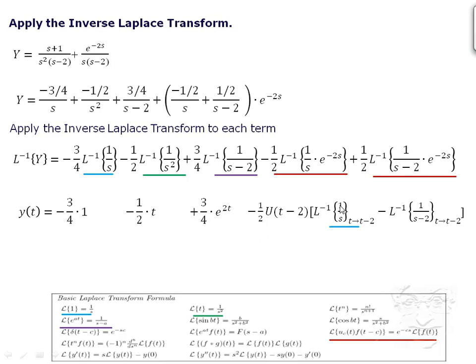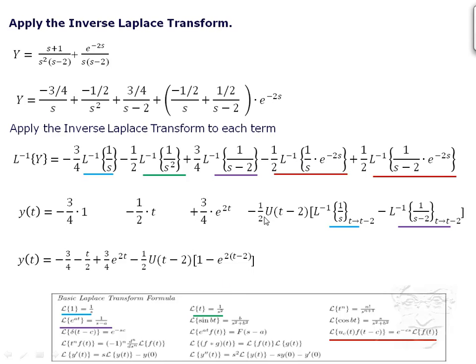Okay, so now when you look up the inverse Laplace of 1 over s, that's just 1. And 1 doesn't involve t at all, so you don't have to worry about a shift here. That just becomes a 1. And then here, this is our exponential. The inverse Laplace of 1 over s minus 2 is going to be e to the 2t, but we'll replace the t with t minus 2.